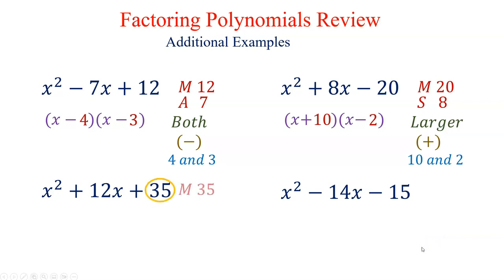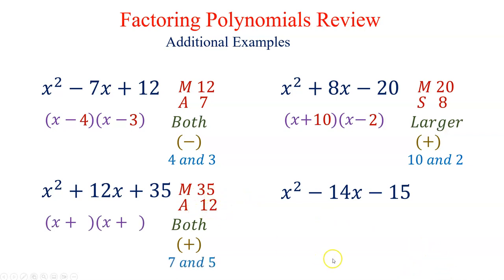Next one, M35, A12, AB, both. So both will be this sign. I can set up my answer, both being positive. The two numbers that multiply to get 35 and add to get 12 are 7 and 5. Recommending putting the larger first, even though it doesn't matter. Last one, M15, there's my S, 14.